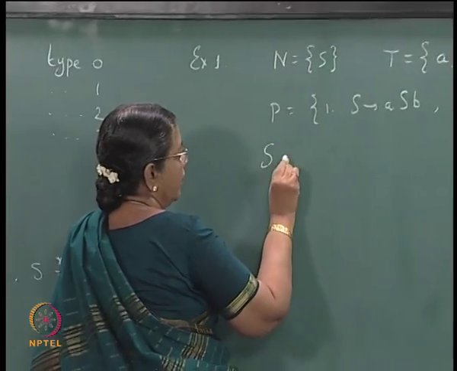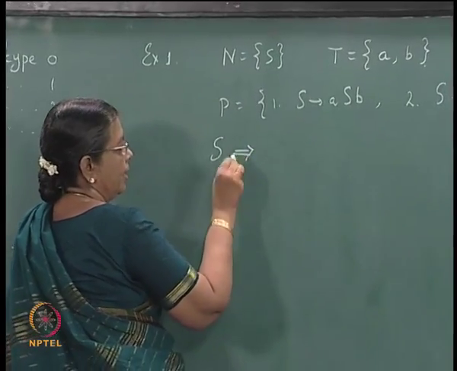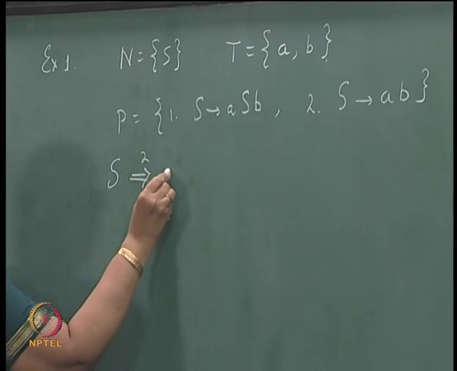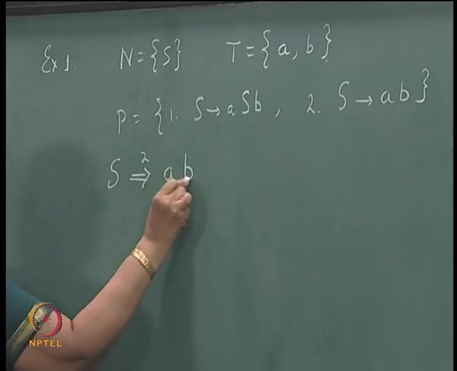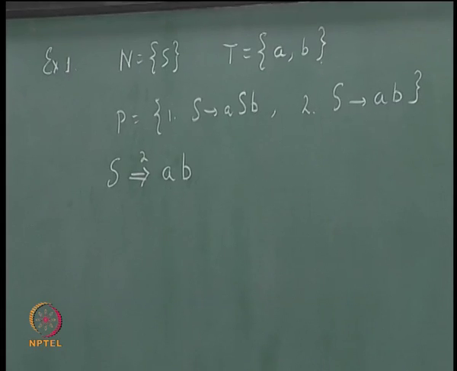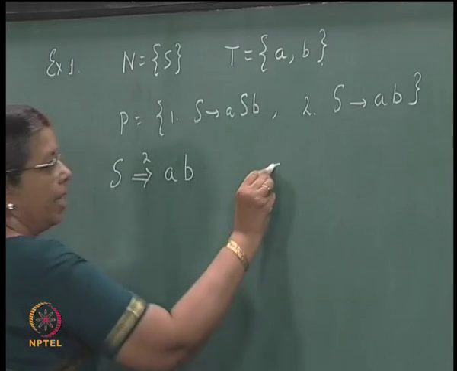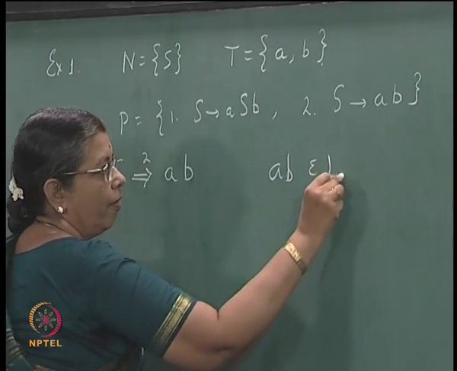Using the second rule alone, starting from the start symbol, you will get AB. So, AB is a string which belongs to the language generated. So, I can say AB belongs to L of G.